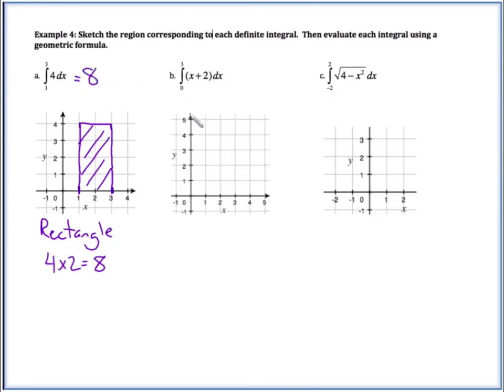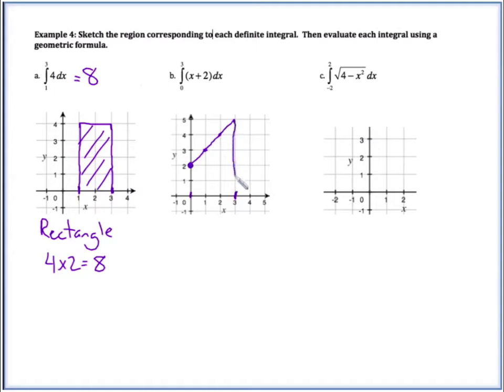Now our next one goes from 0 to 3, and that's going to be of x plus 2. So let's plot the function x plus 2. It's going to start at 2, and it's going to go up, rise over run, up 1 over 1. Okay, so there is our function.